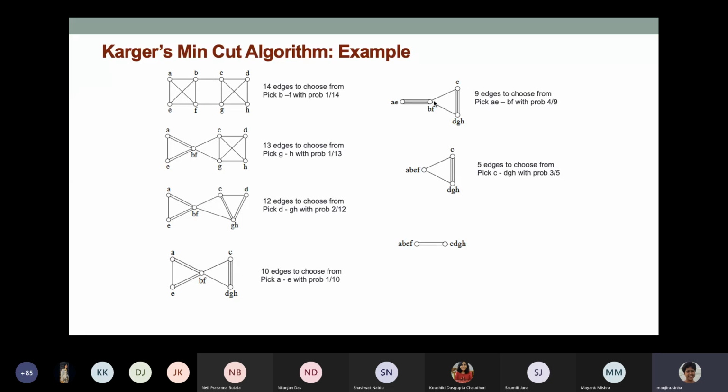Yes, but actually, somewhere we have to consider the probability too. I understand the question, that if we choose randomly, it will become C to BF, and that's why we are considering the probability at this stage. Let me come up with better resources to answer your question.